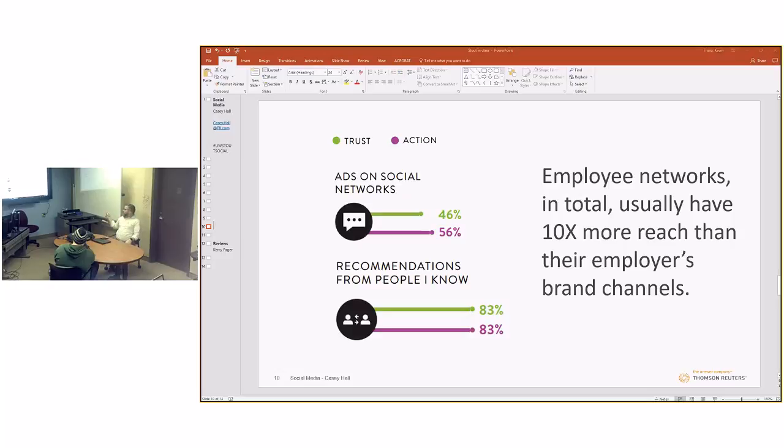The other thing is that if you look at a medium-sized or large company and look at the social networks of all the people who work for the company, and take those in aggregate, it's generally about 10 times the size of the following of a branded account. So you have this opportunity, if you had theoretically everybody in your company using their social networks.